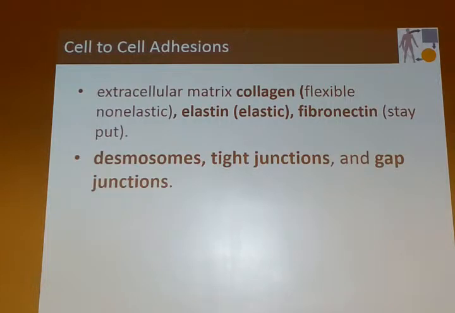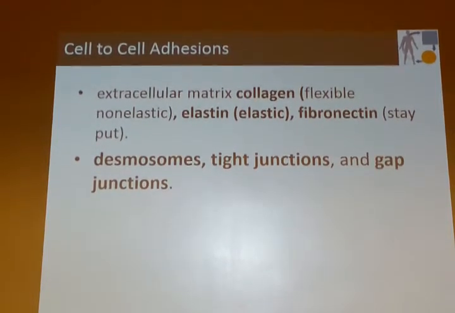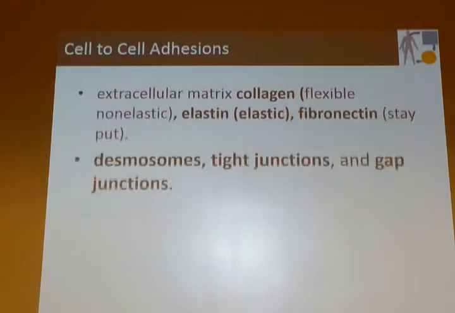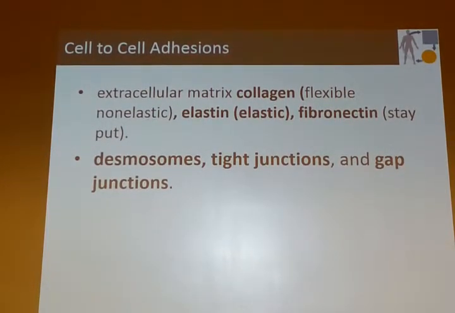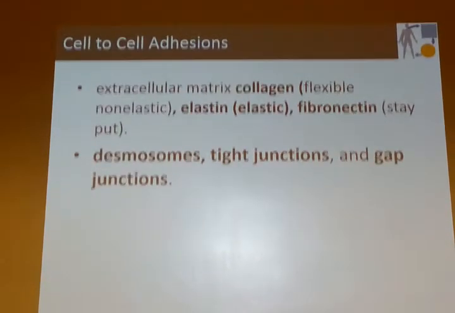Okay, cell adhesions are going to be linking cells to each other, maybe temporarily, maybe on a more or less permanent basis until a cell dies. But you're going to have collagen, elastin, and fibronectin to help keep cells in place for their proper functioning. You can't form a tissue if the cells come apart.